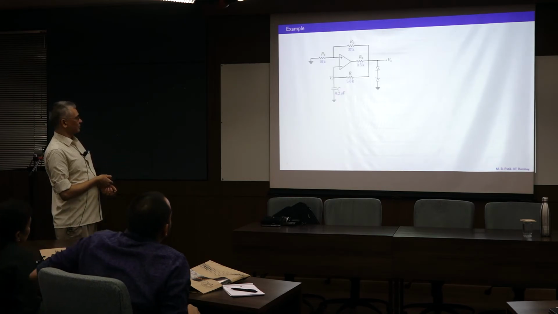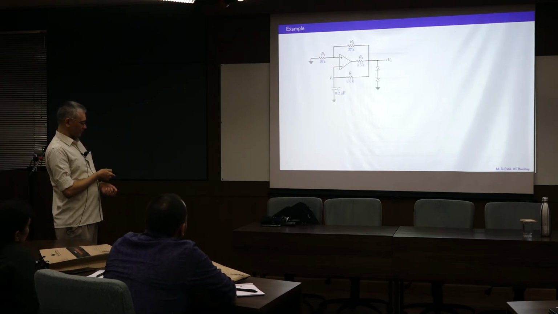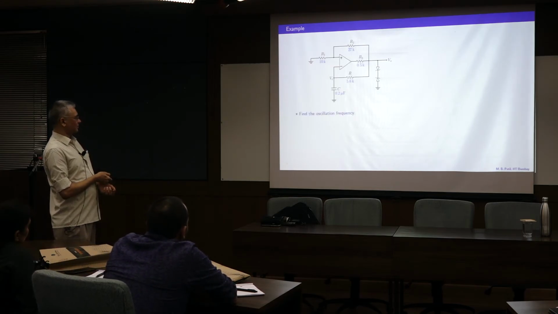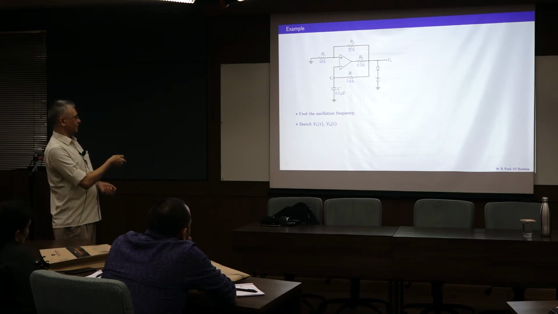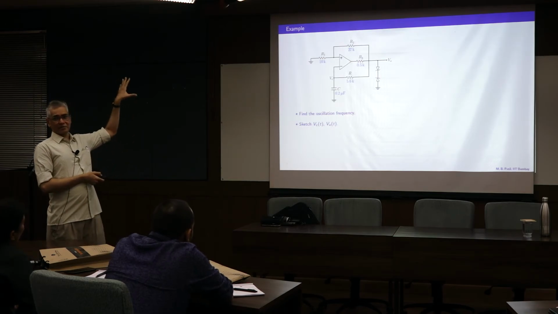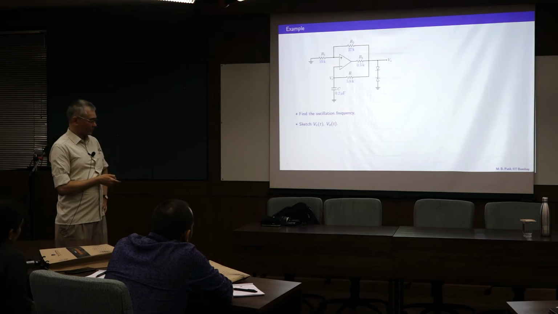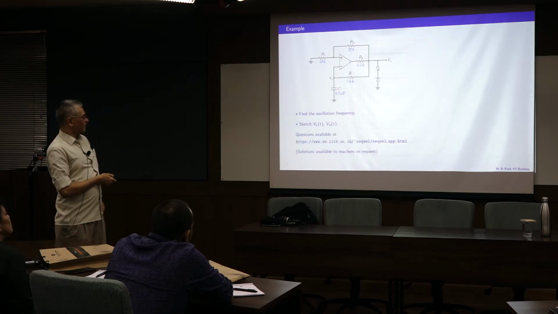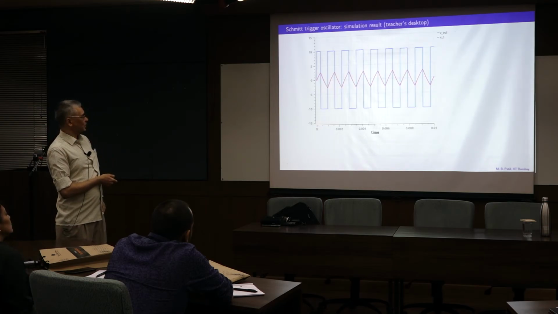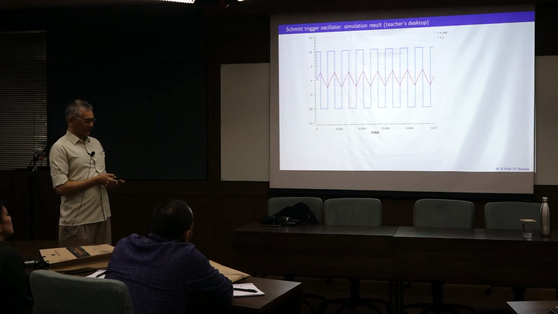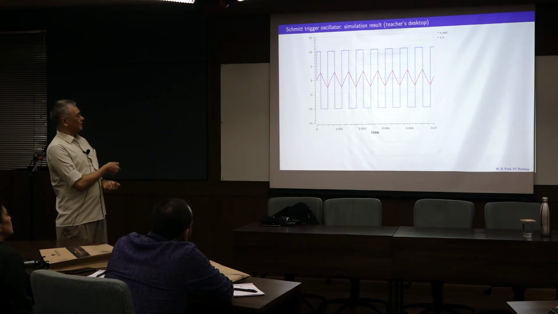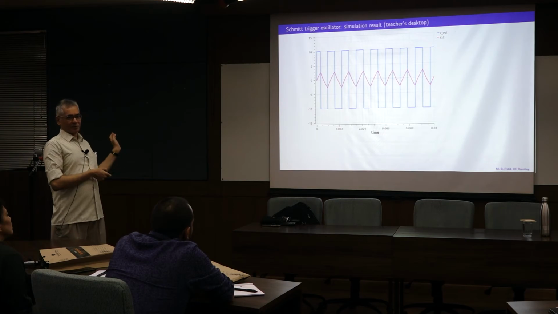So here is an example. It is an oscillator circuit. The questions are: find the oscillation frequency and sketch some waveforms at VC and VO. So the teacher has stated this problem. Next step, the teacher is going to work out the solution in class. After the teacher works out the entire solution on the board, he is going to show this simulation result from the desktop.